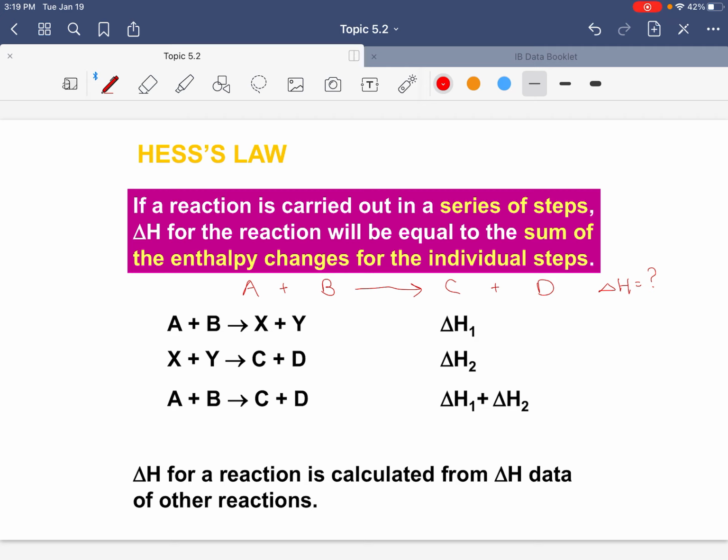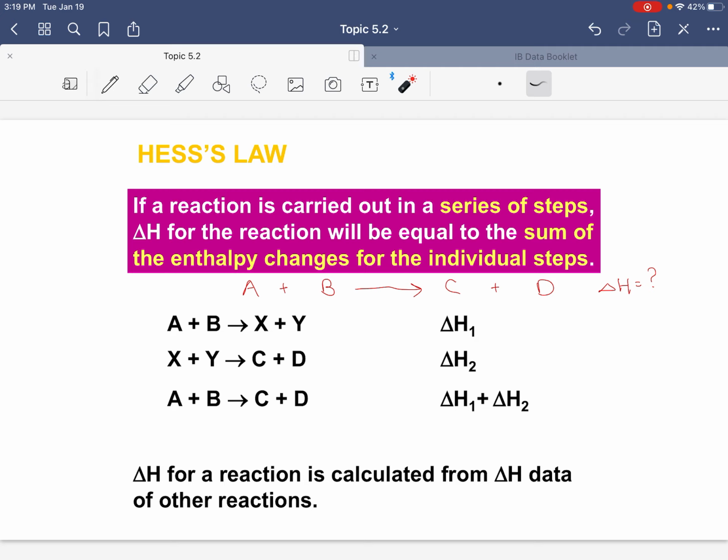But you can't, because this reaction doesn't play that game. It has what we call an intermediate, and that intermediate is called XY. So in order for A and B to become C and D, they have to go through this intermediate called XY.